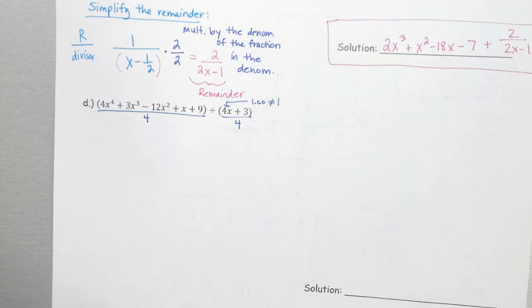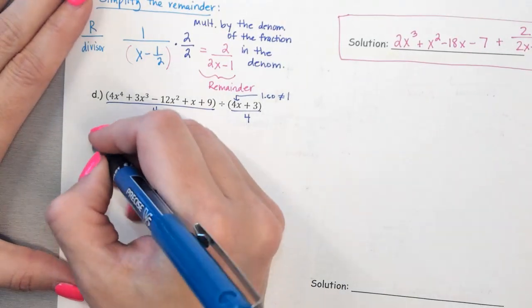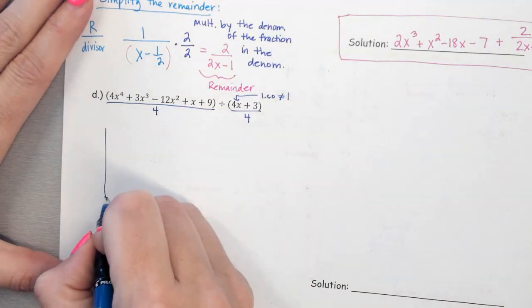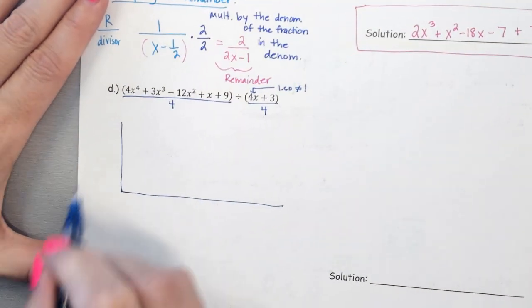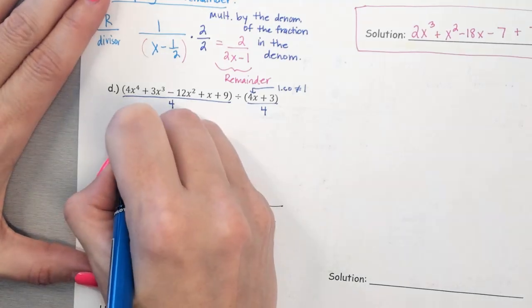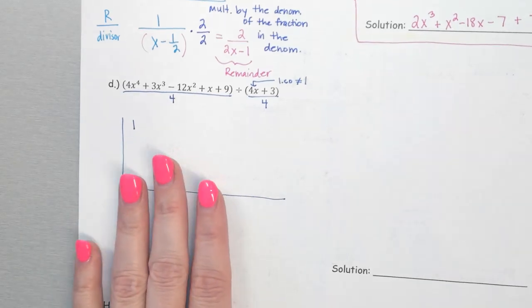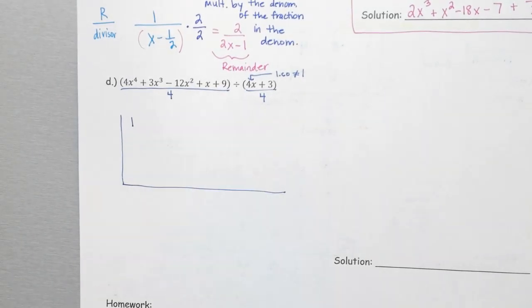And then if you want to, we can set up our synthetic division here. So if you do 4x to the 4th divided by 4, you're going to get 1. Okay, I'm going to give you time to divide that and set this up.